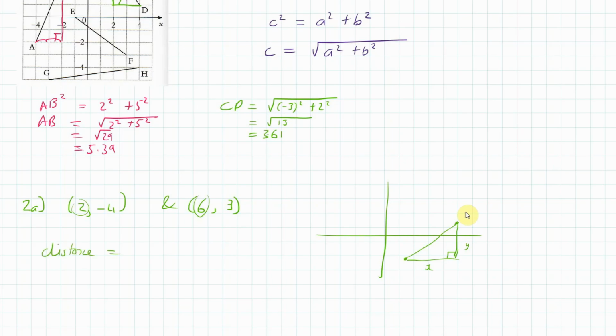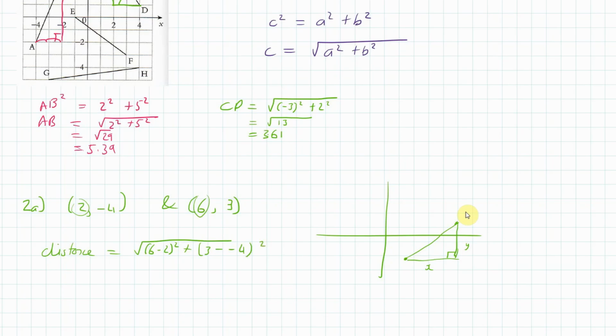So the distance will be the square root of, we can go 6 minus 2, which is 4, squared, plus now the distance in y, we're going to take that 3 and find the difference between that and minus 4. So 3 take away minus 4. And you can see that that's going to be positive 7, isn't it? Because from minus 4 to 0 is 4, and then up 3 more is 7.